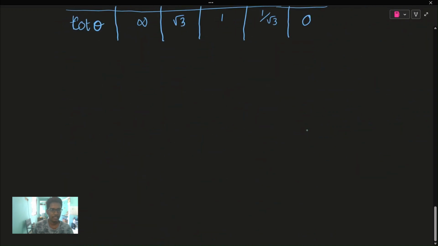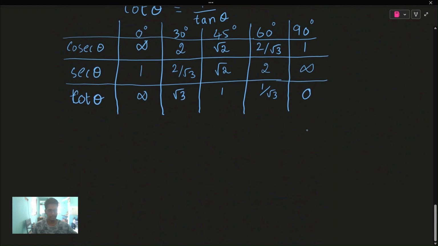So let's see what are the other identities which we are able to derive from this. We all know that sine square theta plus cos square theta is equal to 1.